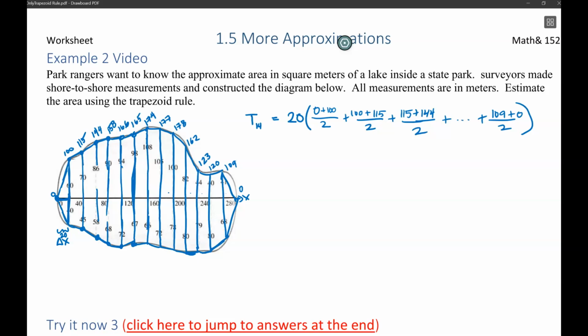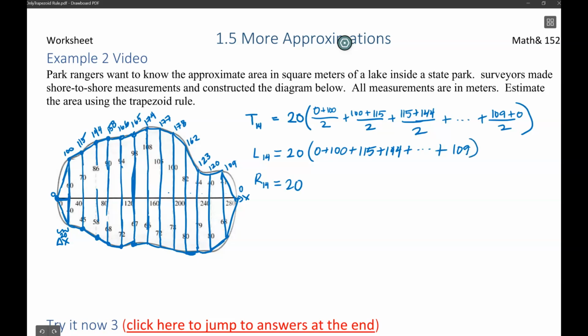Maybe in this one we'll try the left-hand sum and the right-hand sum. You do have to write out 2 things, but sometimes it's just a little cleaner than all those fractions, so this is entirely up to you. We're still going to have widths of 20, so that doesn't change. But now we're just going to list the left-hand side, so we'll go 0, 100, 115, 144. So we're basically making the whole list, but we're going to stop at 109.